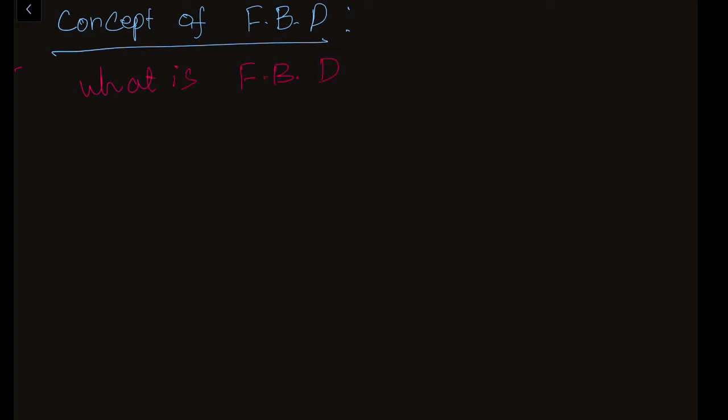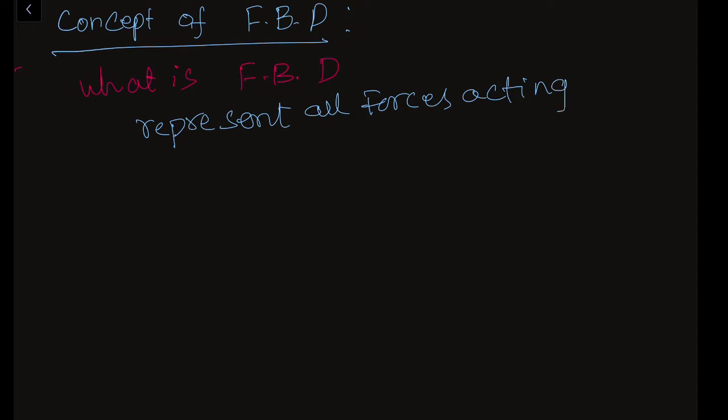We know that FBD means free body diagram. A free body diagram is a diagram which represents all forces acting on it. Got it? In it, we have to find friction, acceleration, tension.